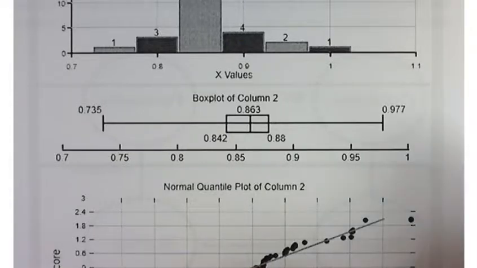Let's discuss the normal quantile plot. What you're going to do in the normal quantile plot is plot the percentiles of your data against the z-scores that you can get from a z-table. And let's flip over to page 298.